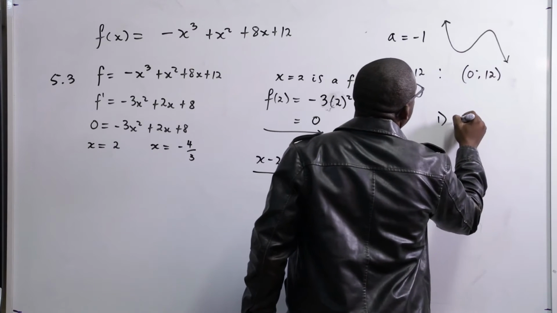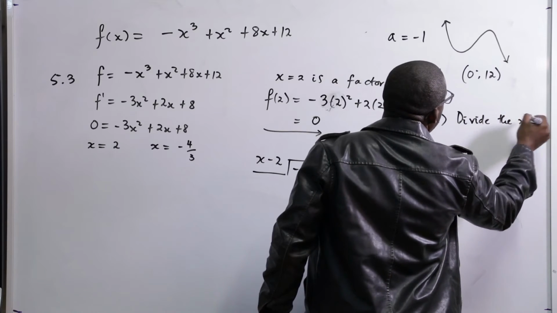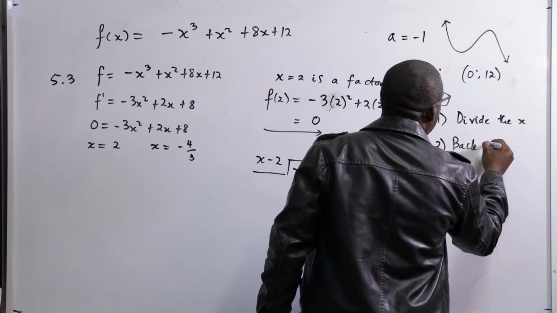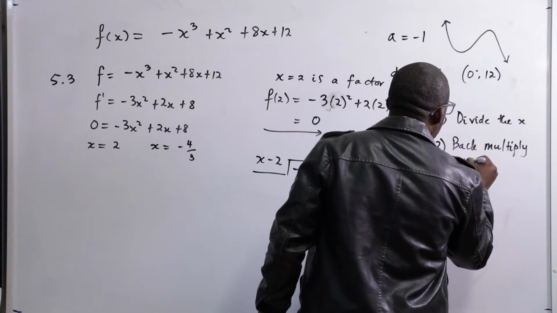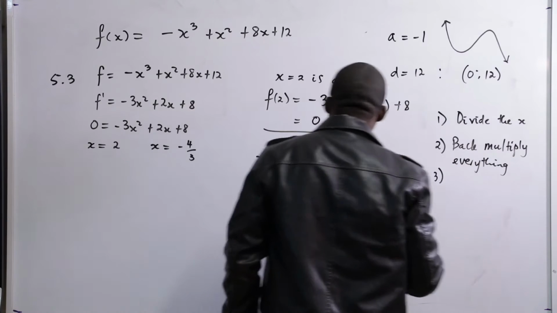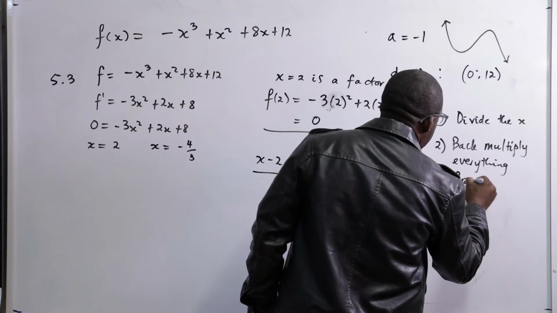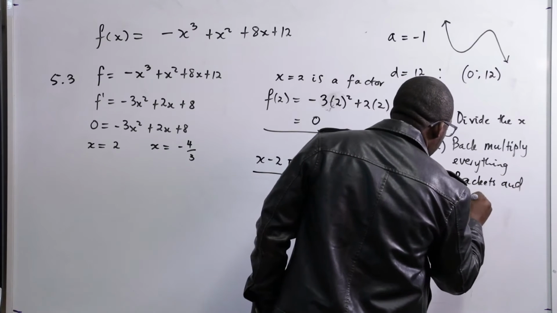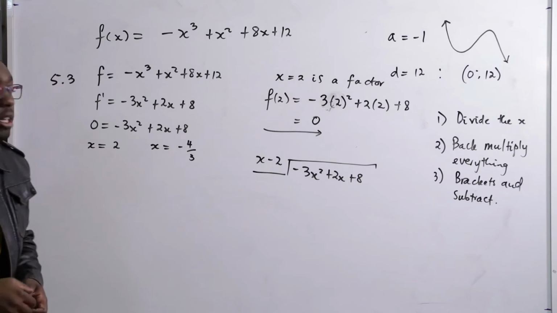Step number 1, divide the x. Step number 2, back multiply everything. Step number 3, subtract. Do the brackets and subtract.